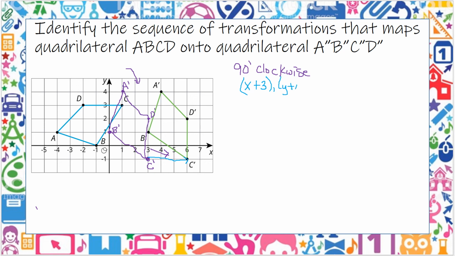And I'm going to do nothing to my Y value. Because when we move it 3 spots to the right, 1, 2, 3, it does move it to where the figure is now. So really just watch how that turns.